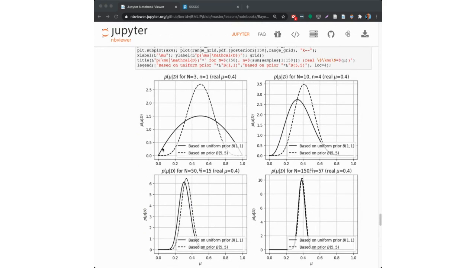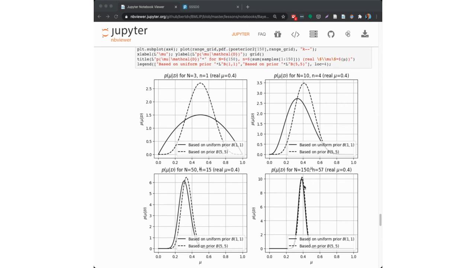Okay, so there's quite a difference between these two scenarios where we have different priors, and the data is the same. For one prior, this is our belief, and for the other prior, this is our belief. Now, if I get 150 data points, they're almost the same.